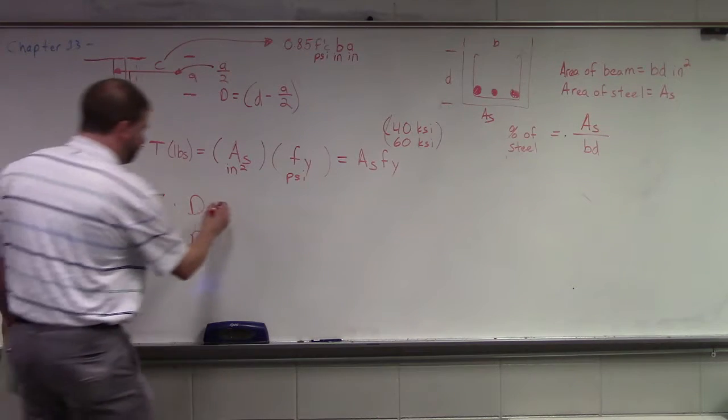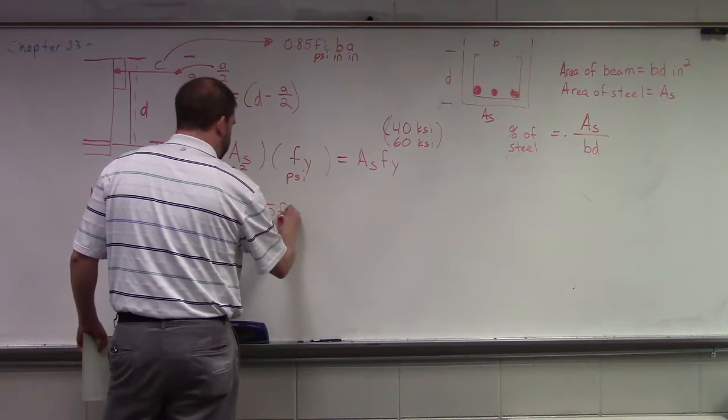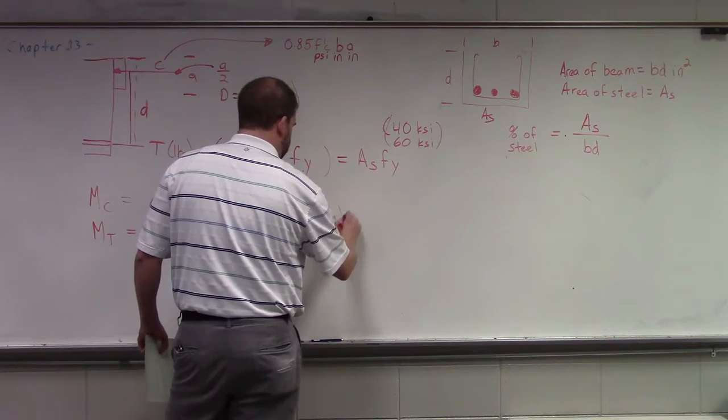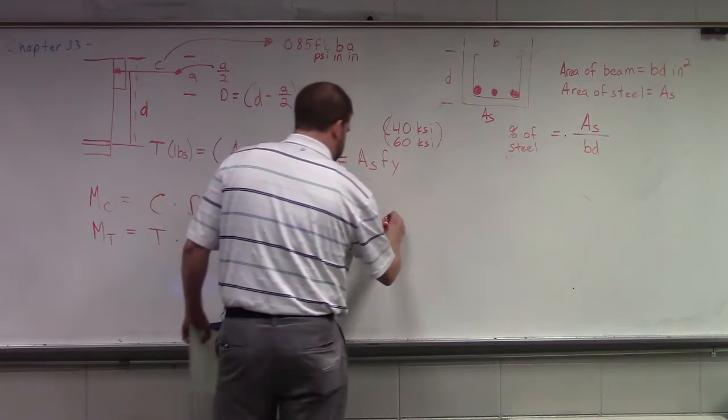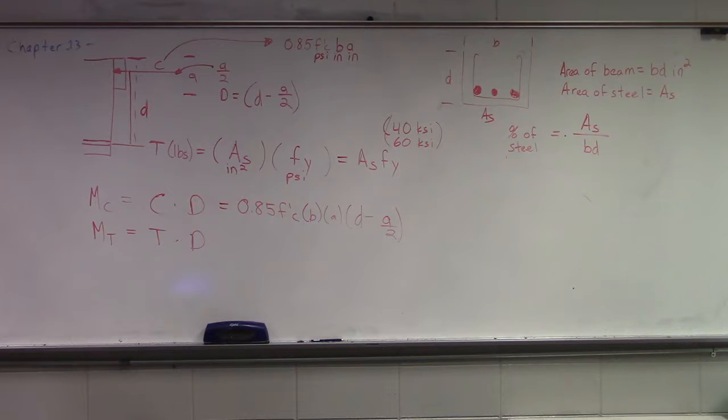So if we write out all our terms, 0.85 F prime C times B times A times little d minus A over 2 is going to equal our moment of compression.